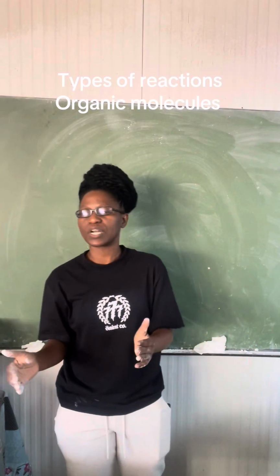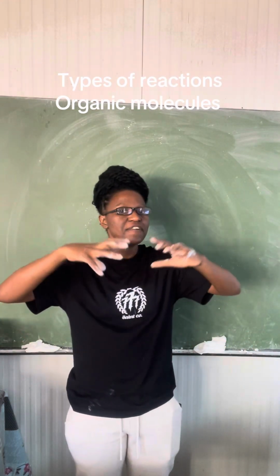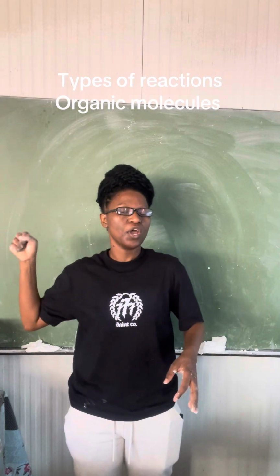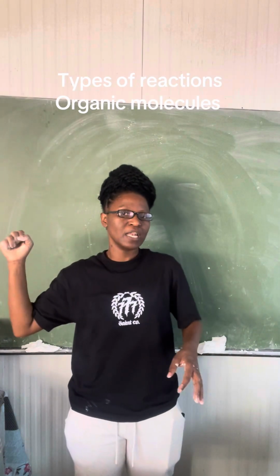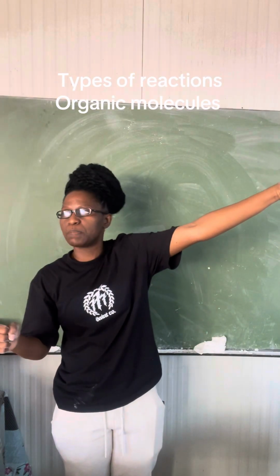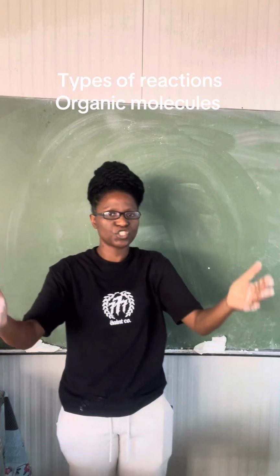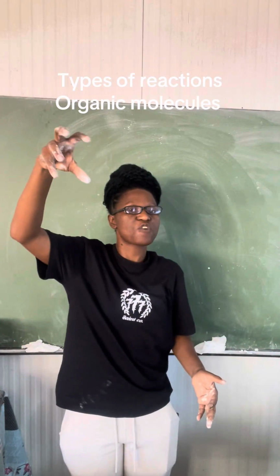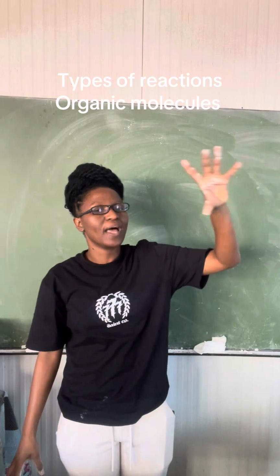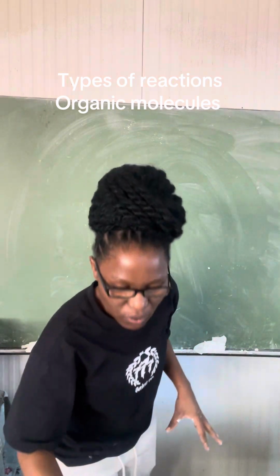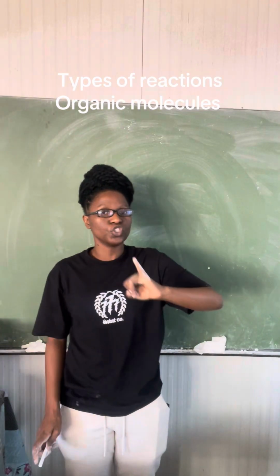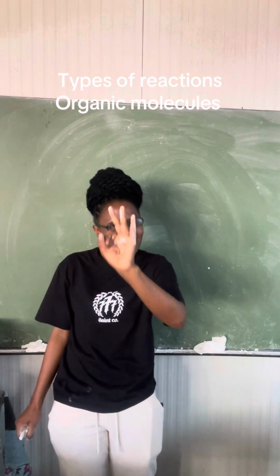In an elimination reaction, we have a molecule, and on the molecule we need to eliminate something. As we eliminate it, we form multiple bonds. Meaning in an elimination reaction, we move from a saturated molecule to an unsaturated molecule. The three types of elimination reaction are dehydrohalogenation, dehydration, and cracking.